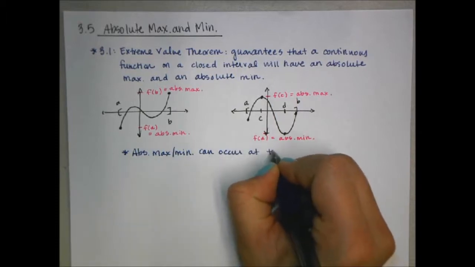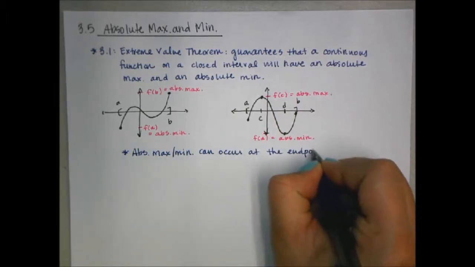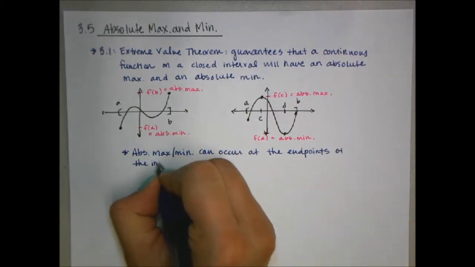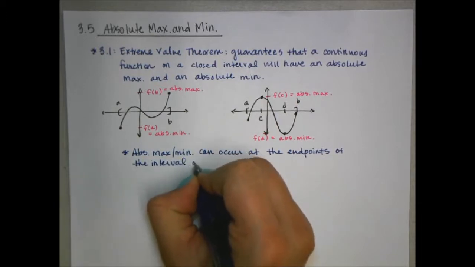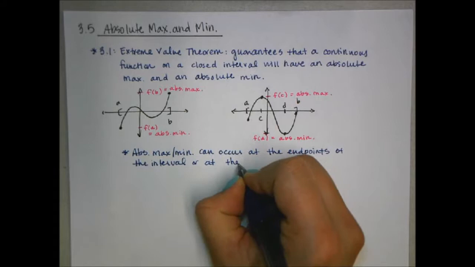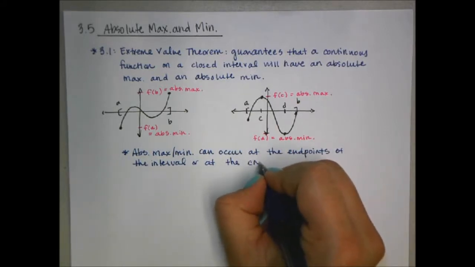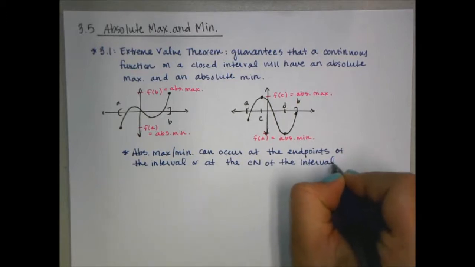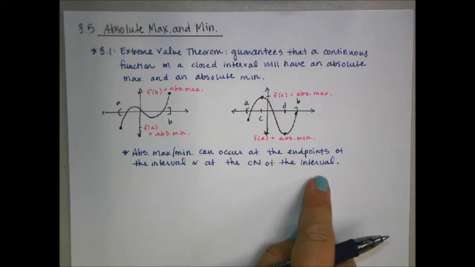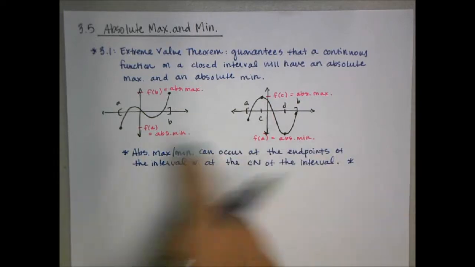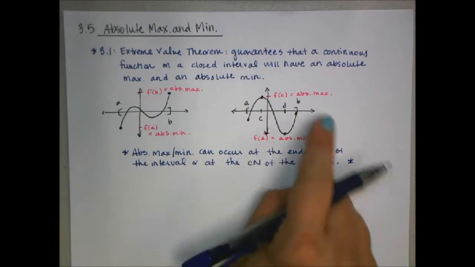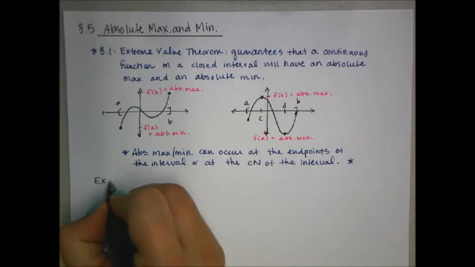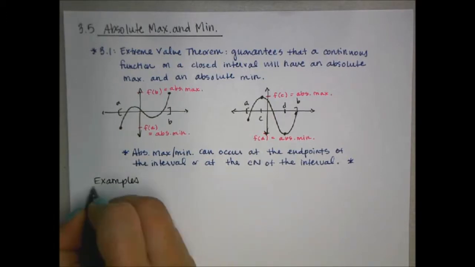So the absolute extrema can occur at the endpoint of the interval, or at the critical numbers of the interval. So you do want to watch out for any values that are not within your interval. So whatever a to b is, make sure you're staying within that interval there. So let's look at a few examples.